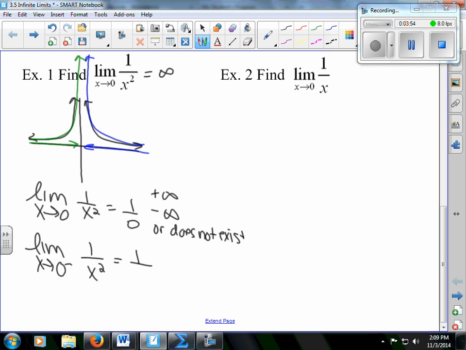One of those kinds of numbers would be a negative number, like negative 0.00000001. And another type of number would be a positive number, positive 0.00001. And so you will get either positive infinity, negative infinity, or does not exist based upon whether your number that's really close to 0 is signed as positive or signed as negative.